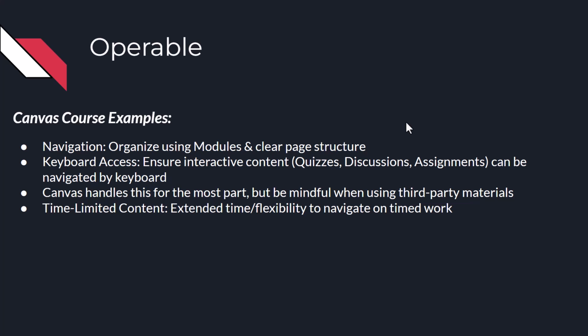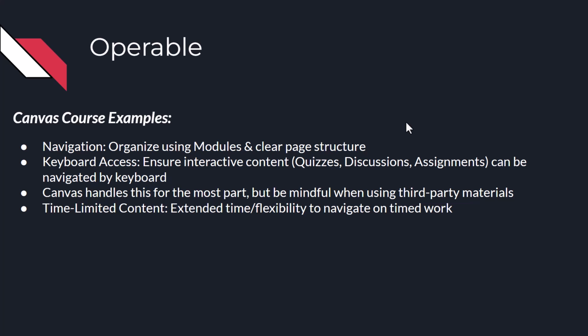I know that I can skip ahead, and then if I get down to the third part of the module, that's probably roughly where the materials are going to be or where the assignment's going to be. So that is one thing that you can do in the operable pillar, is to make sure that you're consistent in how you're putting things together and making sure that those things are as structured as possible.